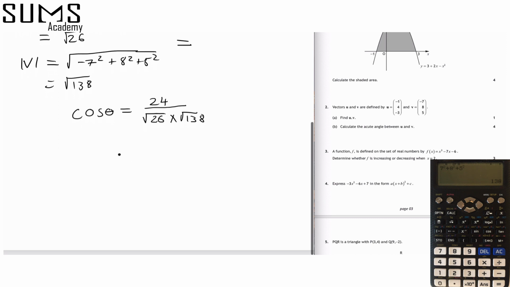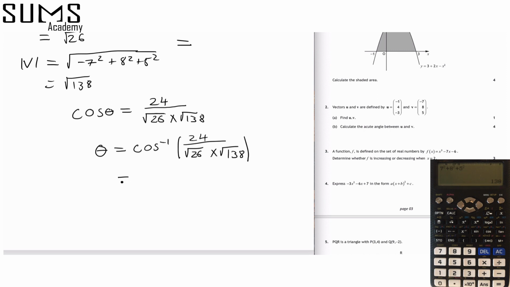And then we can say that theta is going to be equal to the inverse cos of 24 all over the square root of 26 times the square root of 138. Then we just need to put this into our calculator.